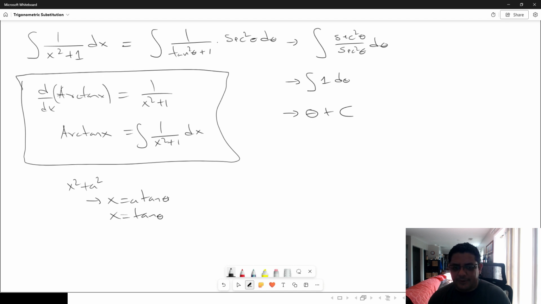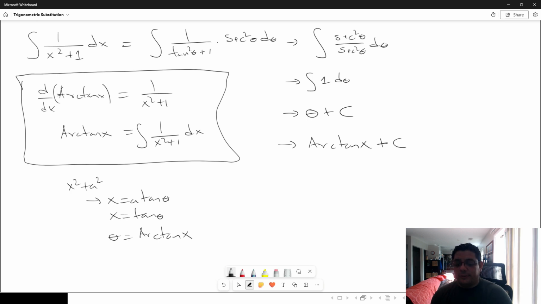So now what's going to happen is that we're going to use x equals tangent of theta, and so theta is going to become arctangent of x. And so that's why this becomes here arctangent of x plus c.